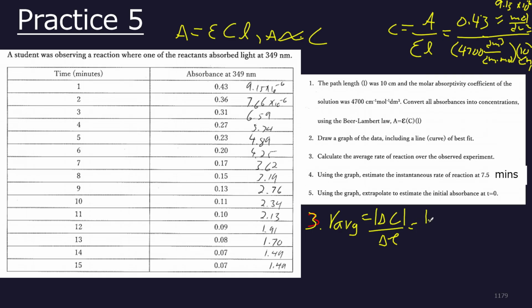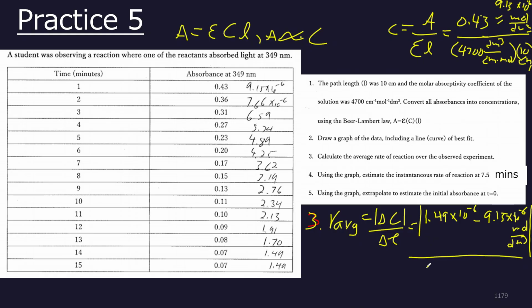It stops at 1.49 times 10 to the minus 6, and it started at 9.15 times 10 to the minus 6. These are mole per decimeter cubed units. You divide that by the time taken.